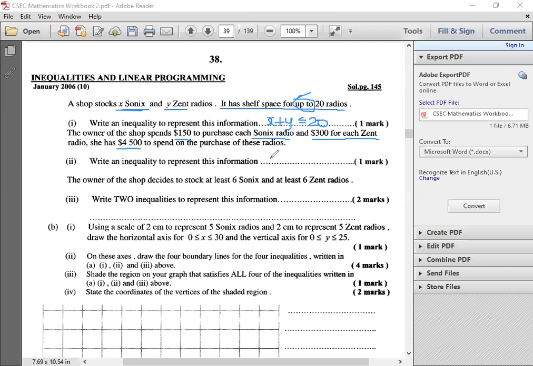Zent is X. No man, Sonic is X. So it's 150X, 150X, 300Y, 300Y. She has only 4,500, so can't exceed 4,500. So this is going to be less than or equal to 4,500.